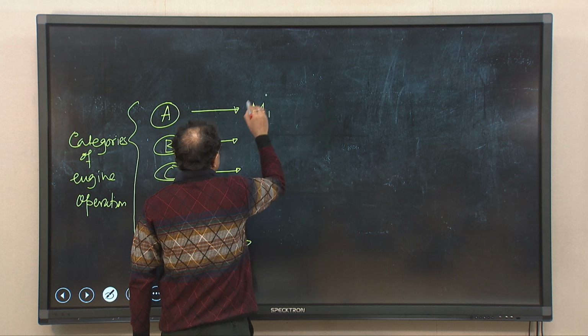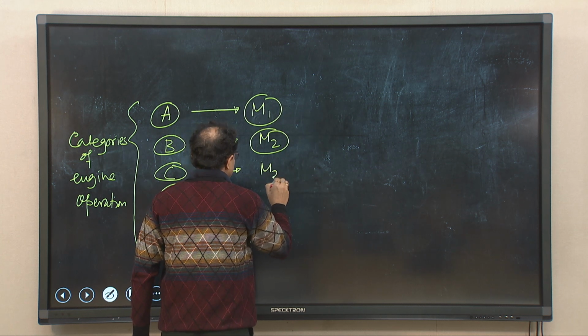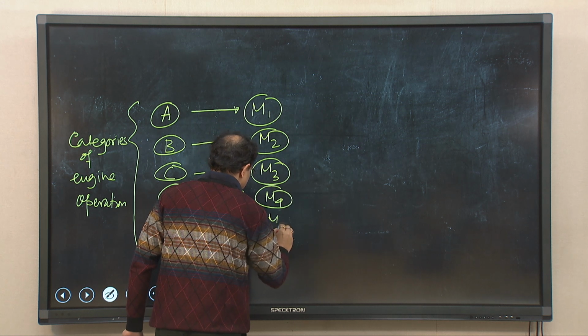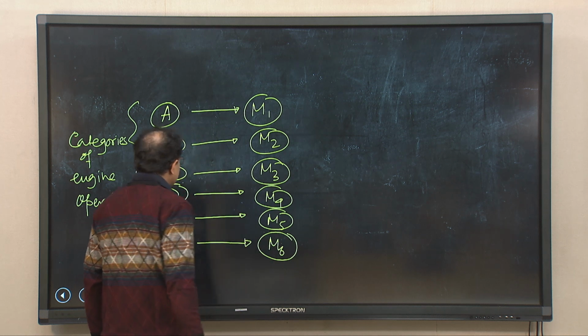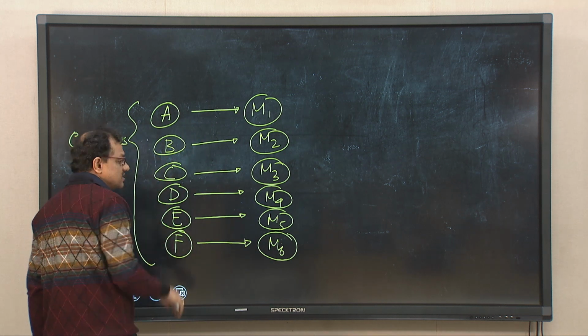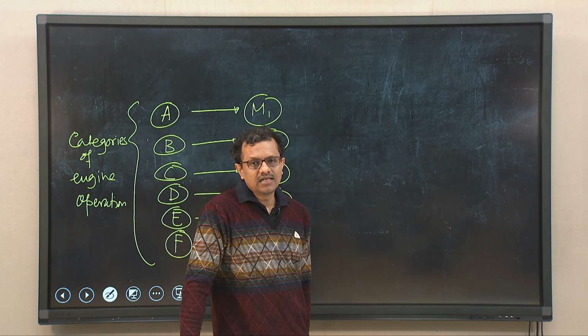So, this is M1, M2, M3, M4, M5 and finally M6.